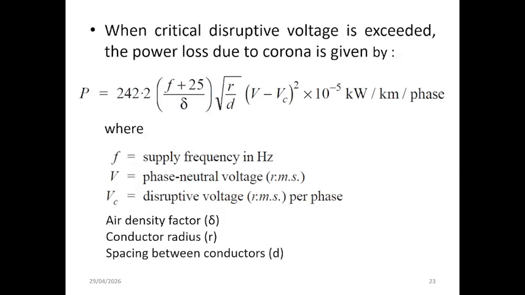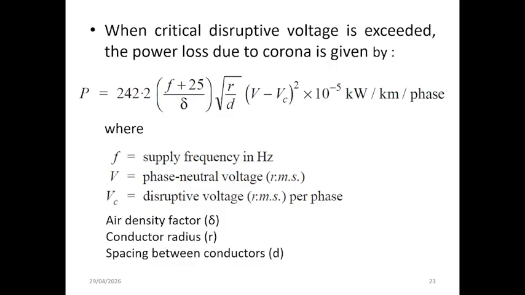This slide also presents the empirical expression used to estimate corona power losses in overhead transmission lines once the critical disruptive voltage is exceeded. The loss is captured by the following relationship you can see in this slide.